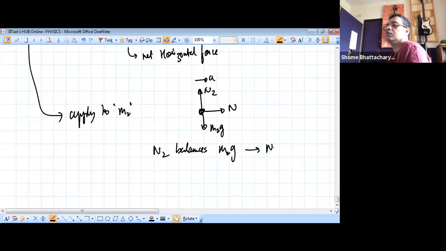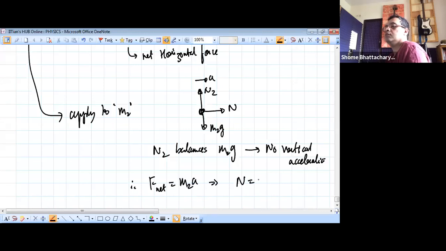So there is no vertical acceleration. Okay. But the net horizontal force N is equal to 1 kg times a. That becomes our second equation.